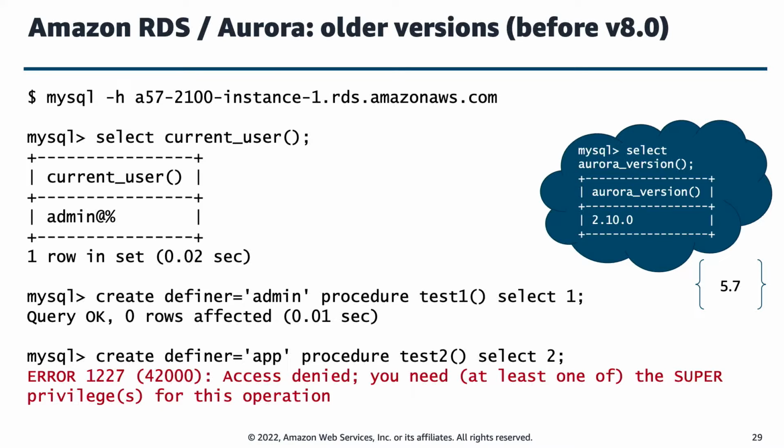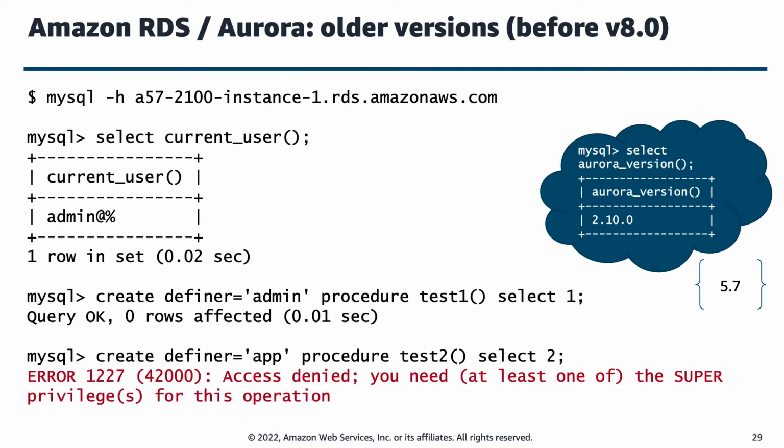When you create a new object, a procedure, function, or trigger, and you don't specify the definer, the current user will be used as the definer. That is fine, that is allowed. But when you try to create a new object and specify a different definer, without the super privilege you will not be able to do that. Again, that applies to MySQL before 8.0.